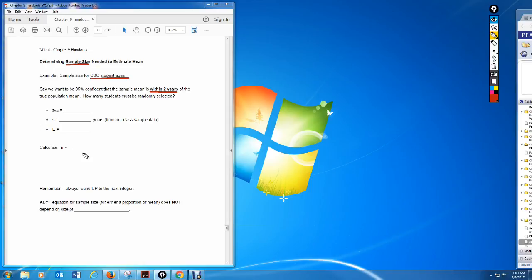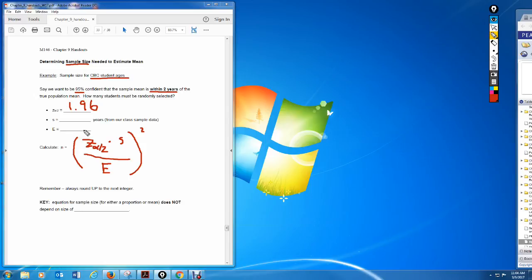Okay, so we already went over earlier the formula for the sample size: n is equal to z sub alpha over 2, and we talked about why we use z instead of t here, times s, the sample standard deviation, divided by the margin of error, E, and that whole quantity squared. So 95% confident, we know that corresponds to a critical z-value of 1.96.